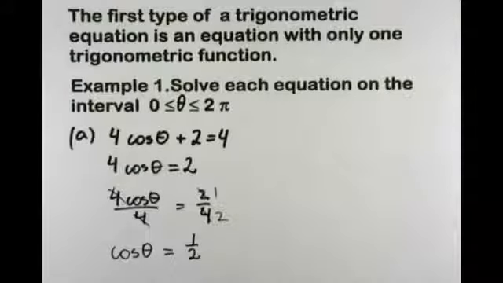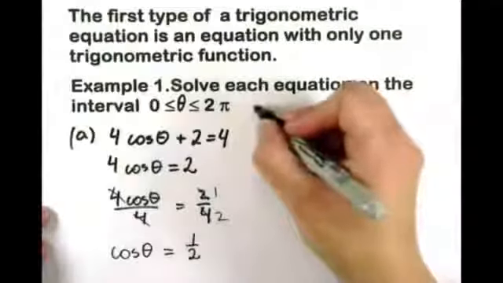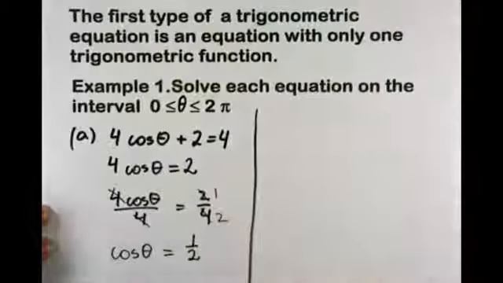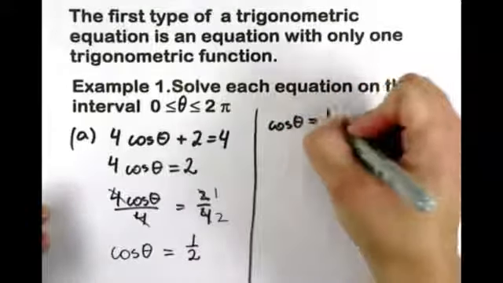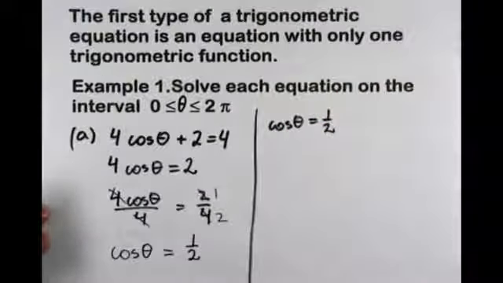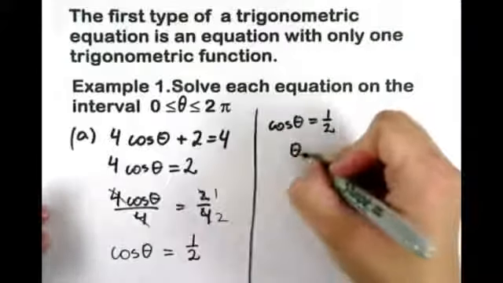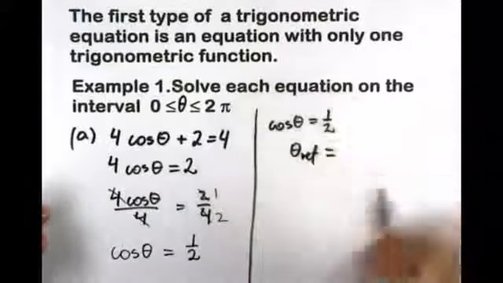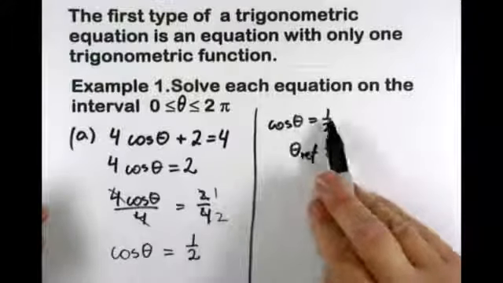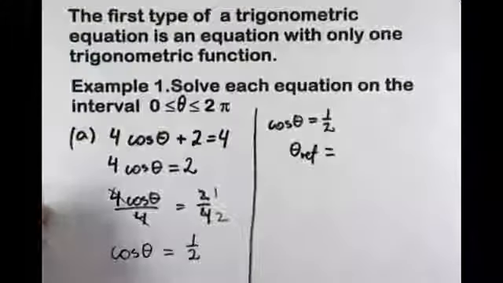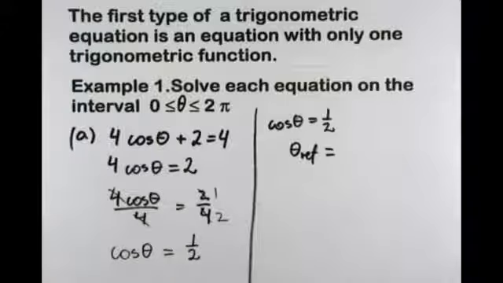Okay, so now we need to find for what theta we have that cos theta is equal to 1/2. How do we solve this one? If cos theta is equal to 1/2, first I'm getting the reference angle, theta reference. I get the reference angle from the chart: for what theta is cos 1/2?